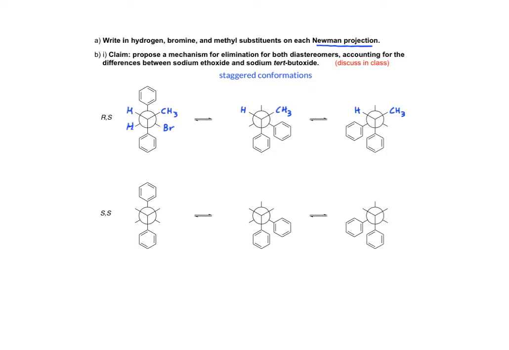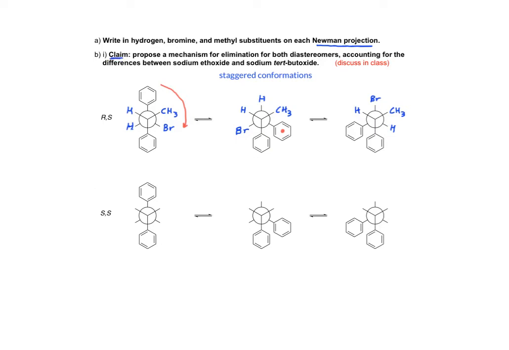In going from the first structure to the second structure, the phenyl group has moved in a 120-degree rotation to this position, which means that the bromine is also moved 120 degrees in the same direction, and then hydrogen is here. And then another 120-degree rotation puts bromine here and hydrogen at this position. On your own, do this for the other diastereomer.